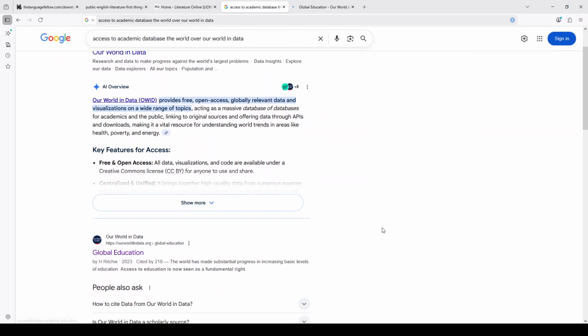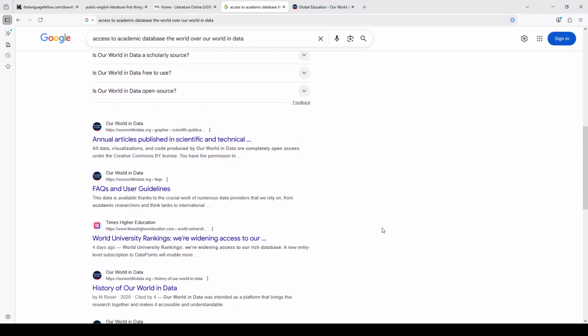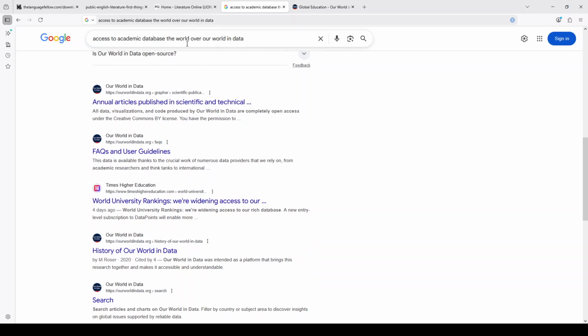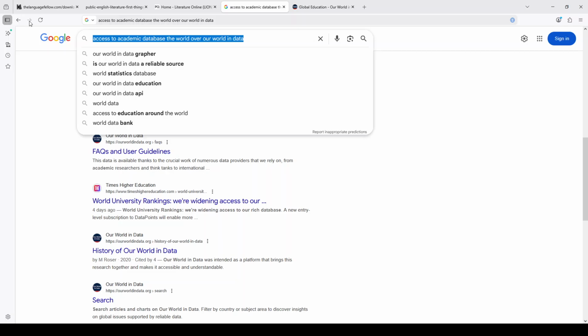Global, no. I'm asking about very specific things, and I'll have to do a lot of filtering, a lot of refining of this. And this is the exercise. This is what you do when you conduct research.